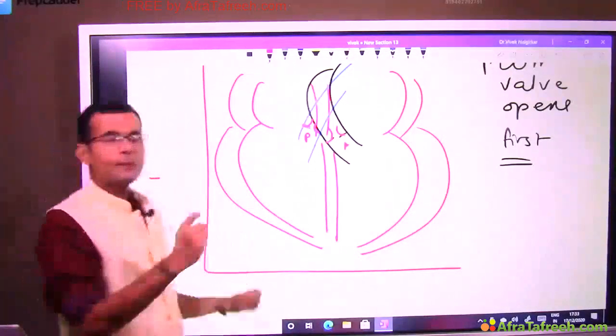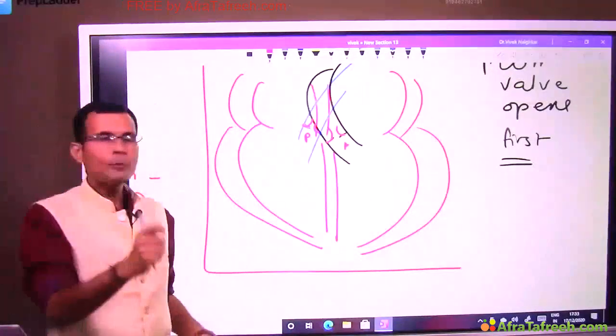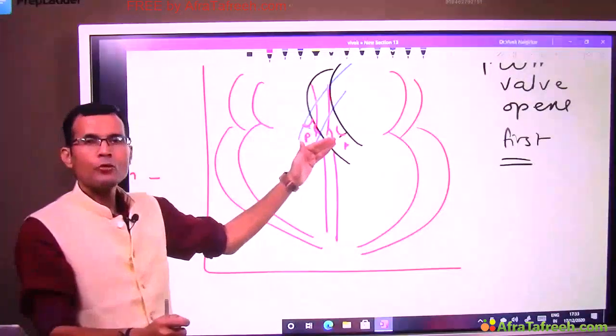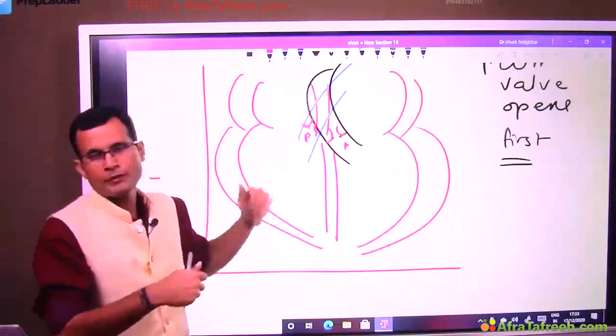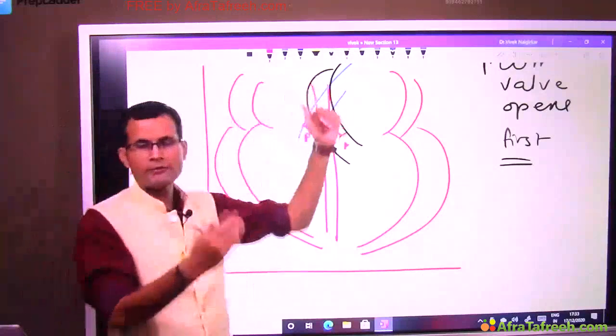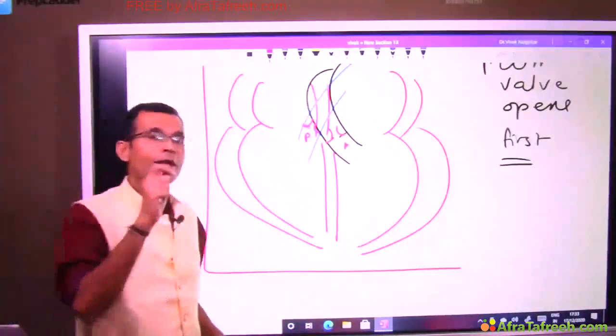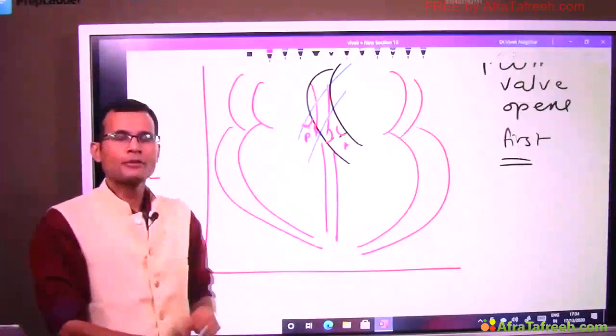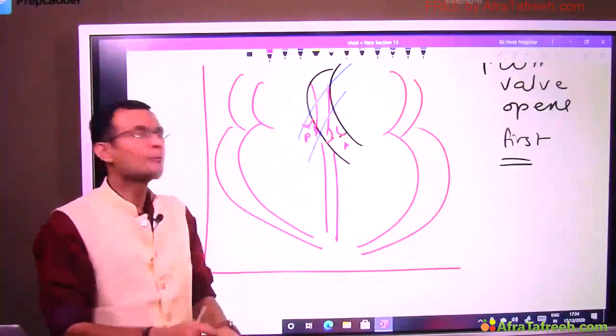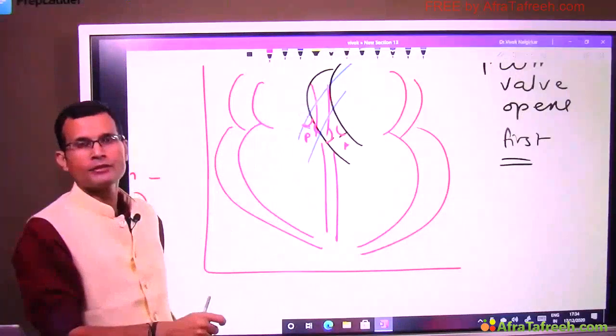Therefore please remember, while opening, pulmonary valve opens first because it opens very easily, because beyond the valve there is lower pressure, and aortic valve opens a little later. And while closure, the opposite will happen, and that also happens because of the pressure in those vessels.